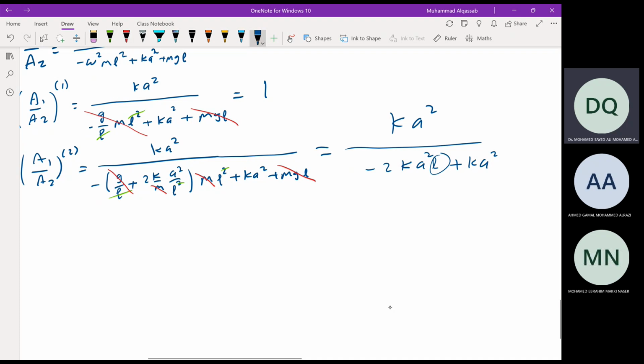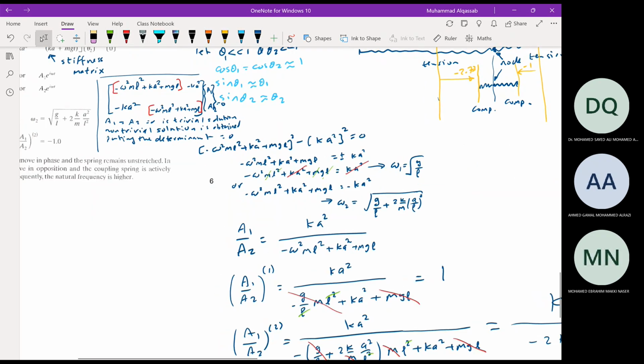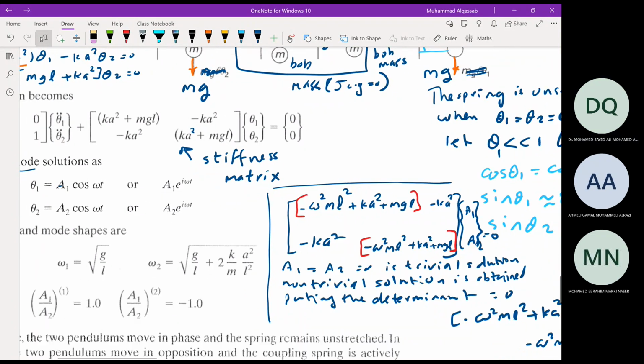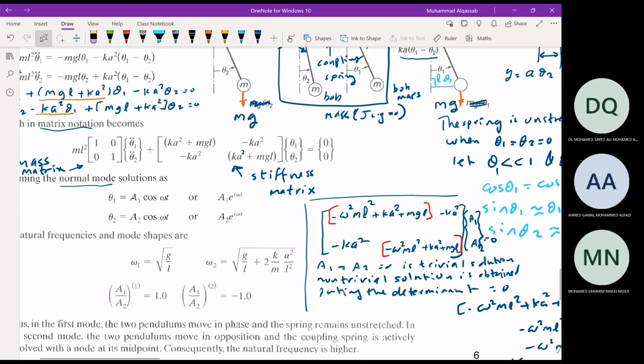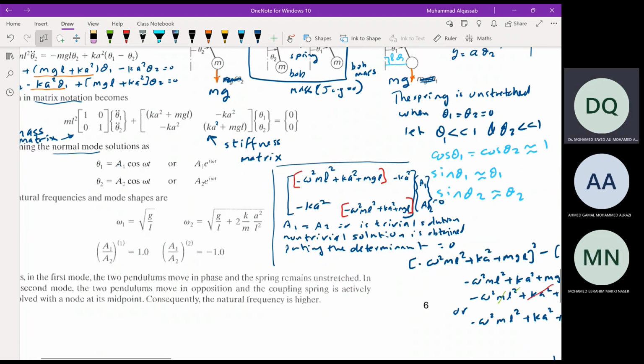This should equal minus 1. Wait, there is a squared here. No, this should cancel out.